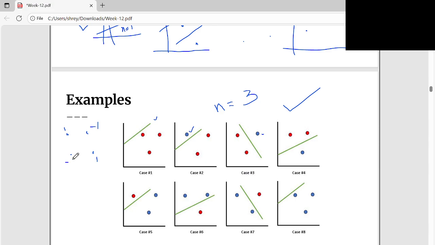Can you have any single straight line which can classify this combination? Yes or no?